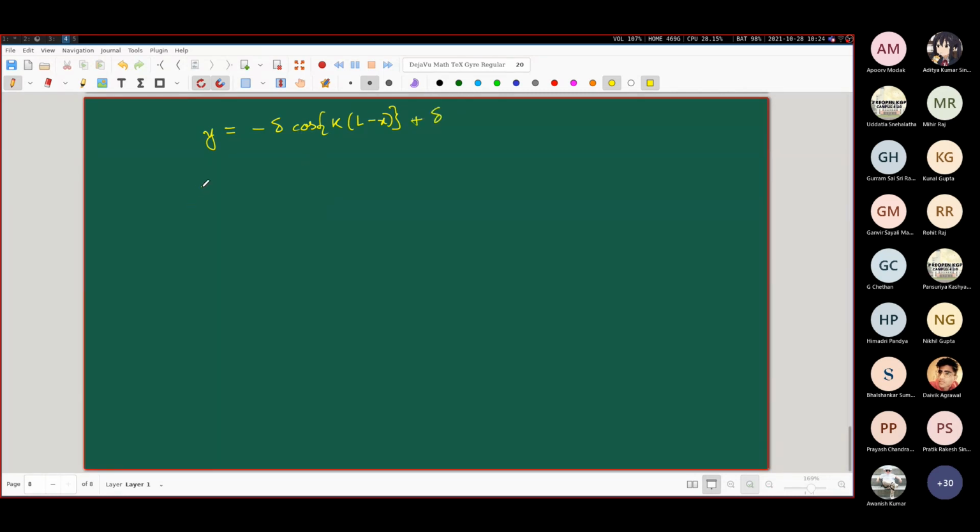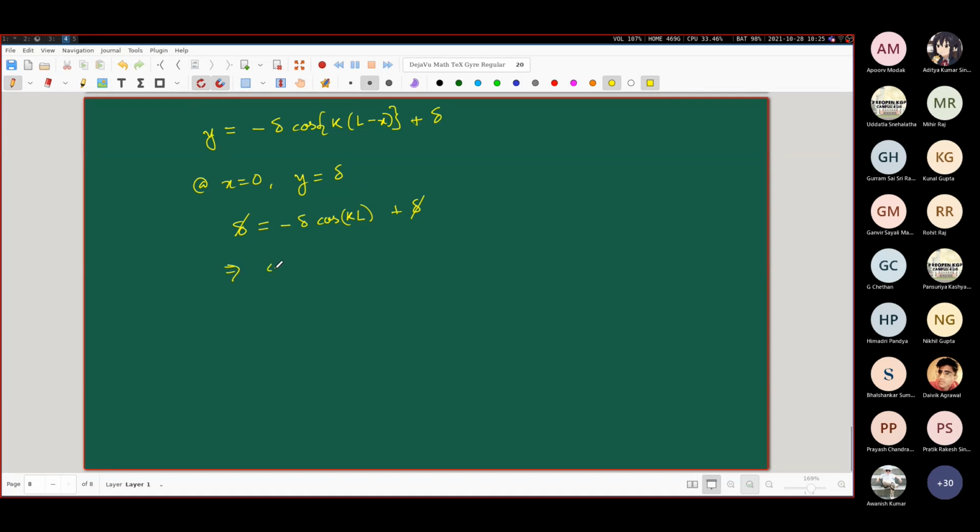Now we go back and implement the condition that at x equal to 0, y is equal to delta. Let's see what happens. So delta is equal to minus delta cos kl, if you put x equal to 0 here, plus delta, and delta and delta cancel from both sides.